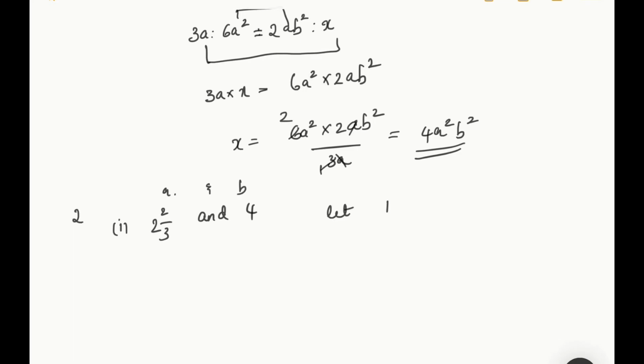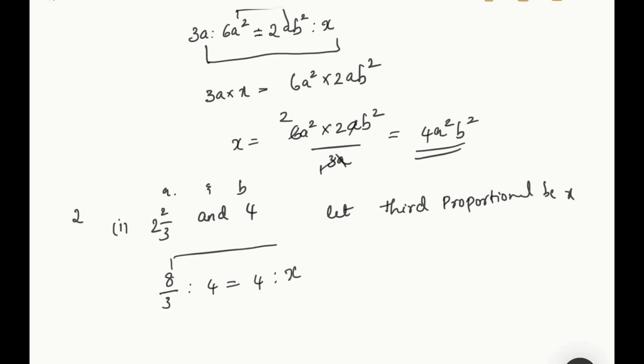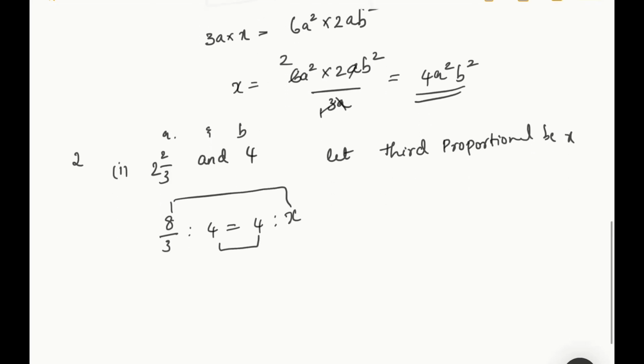Let the third proportional be x. So I can take it as 2 threes are 6, 6 plus 2 is 8. 8 by 3 is to 4, equal to, the second term will repeat, right? 4 is to x. So I can consider like this.